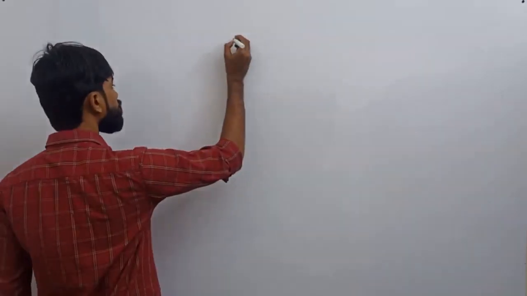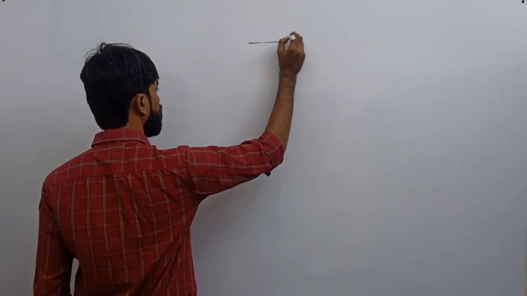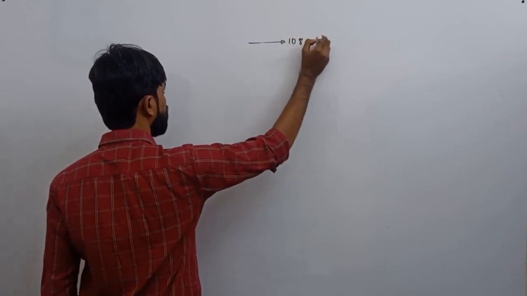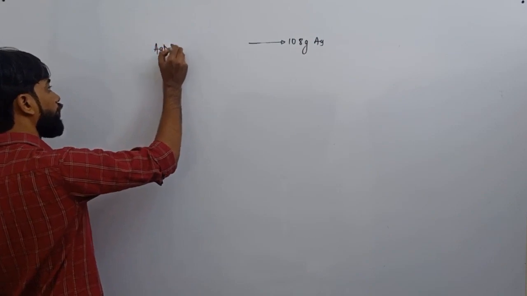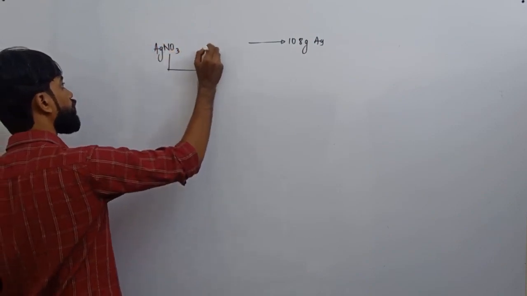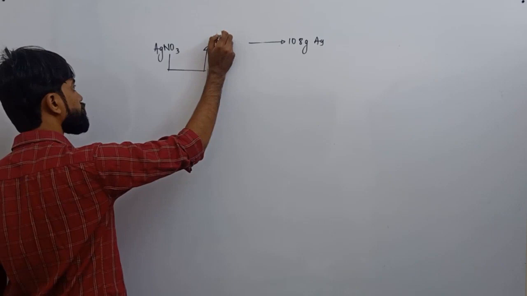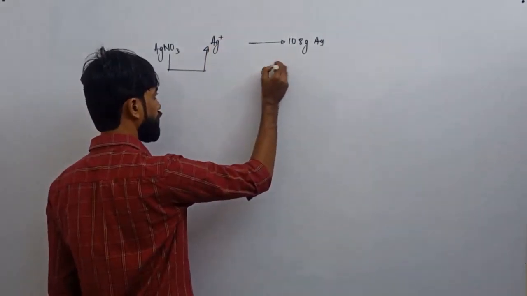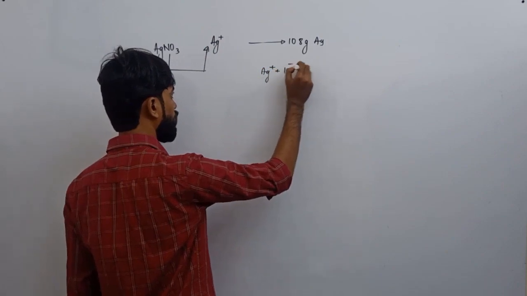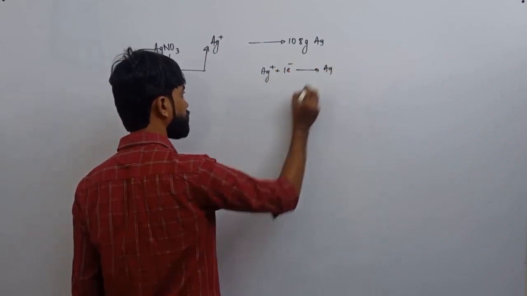Okay. So you want to deposit 108 gram of silver from the solution of silver nitrate, and we know that in silver nitrate, silver exists as Ag plus, and the reduction reaction will be Ag plus, when it gains 1 electron, becomes Ag.